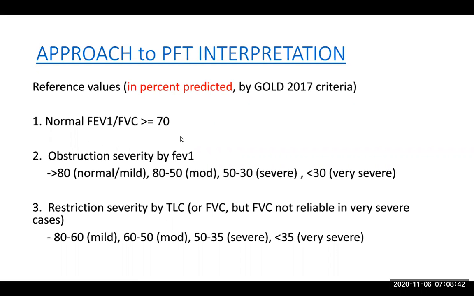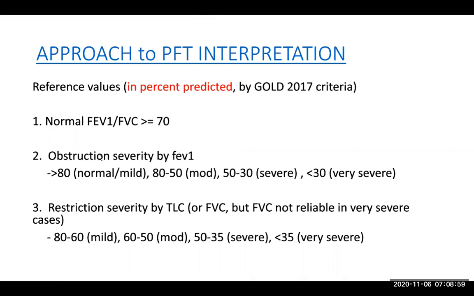So when we're walking through our algorithm, the first thing we do after looking at the quality of the flow volume loop is look at the FEV1 to FVC ratio. That is the first step, at greater than or equal to 70% predicted.